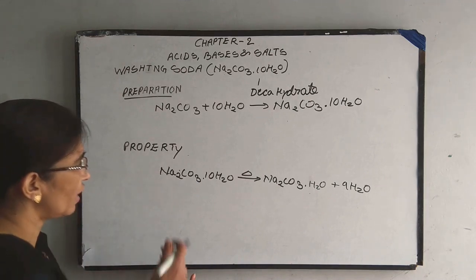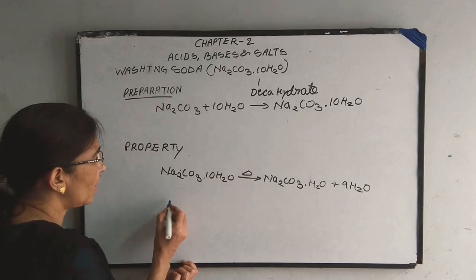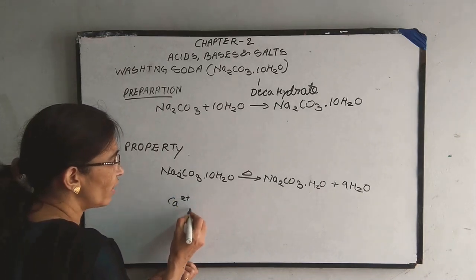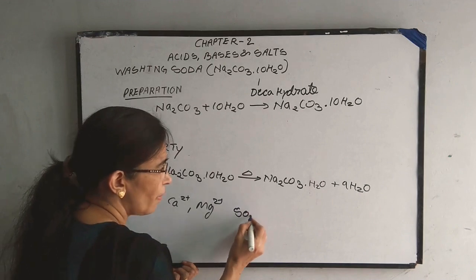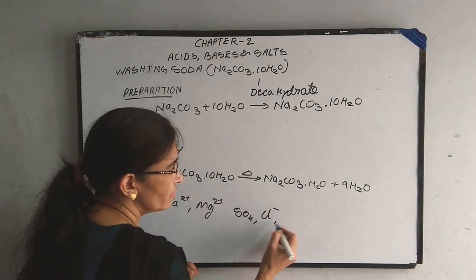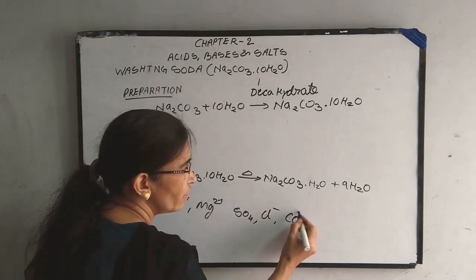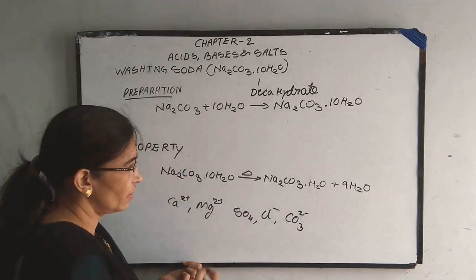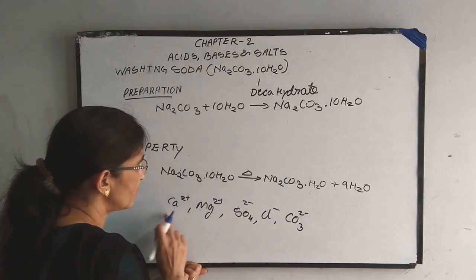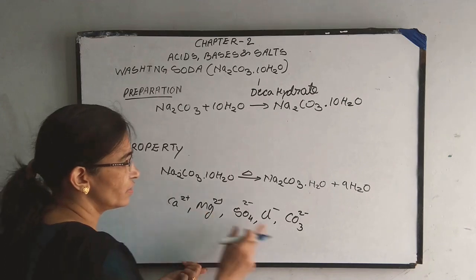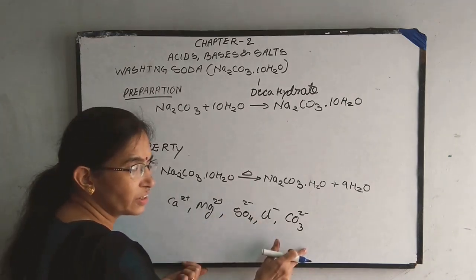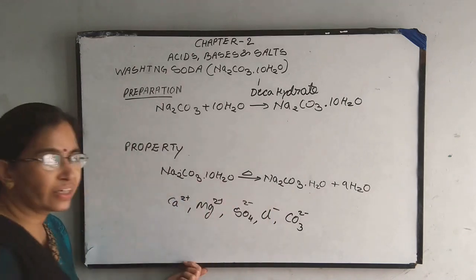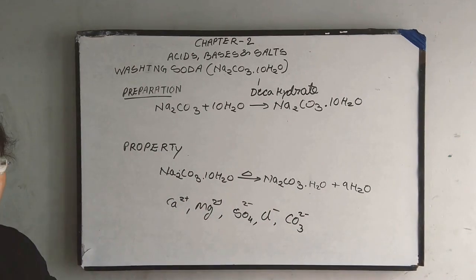Okay, what is permanent hardness? Permanent hardness is due to the presence of calcium and magnesium sulfate, chloride, carbonate and bicarbonate. These ions are present in calcium sulfate, calcium chloride, calcium carbonate, magnesium sulfate, magnesium chloride and so on. When these are present in water, we say the water is hard water.